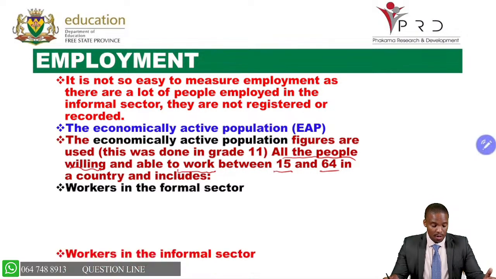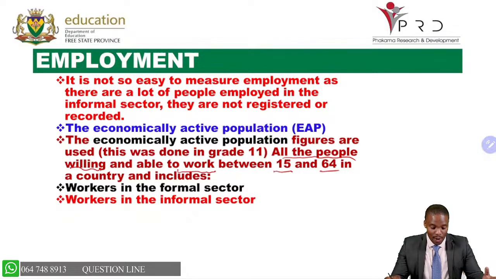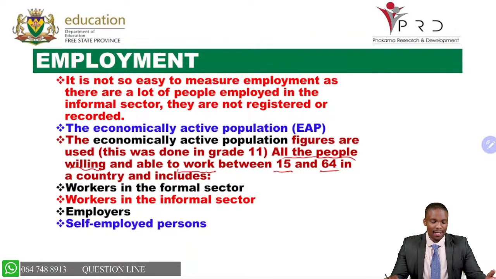This comprises people that work in the formal sector and those that work in the informal sector. The employers themselves are counted as part of the economically active population, not employees only. The self-employed persons, the ones that you see on the street, as long as they are able to generate income, are part of the economically active population.